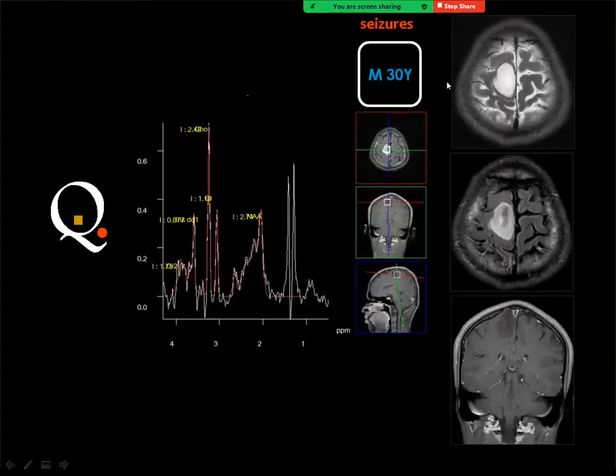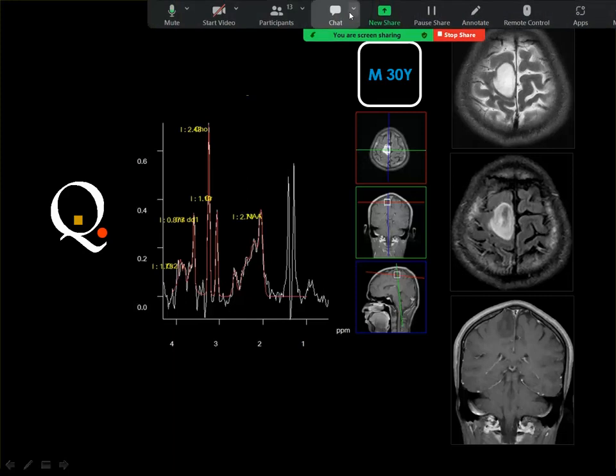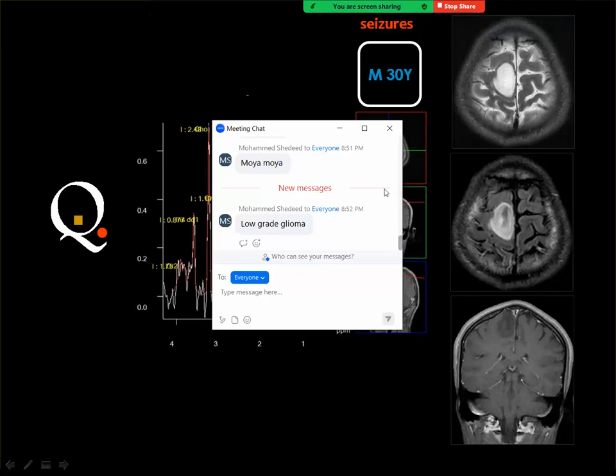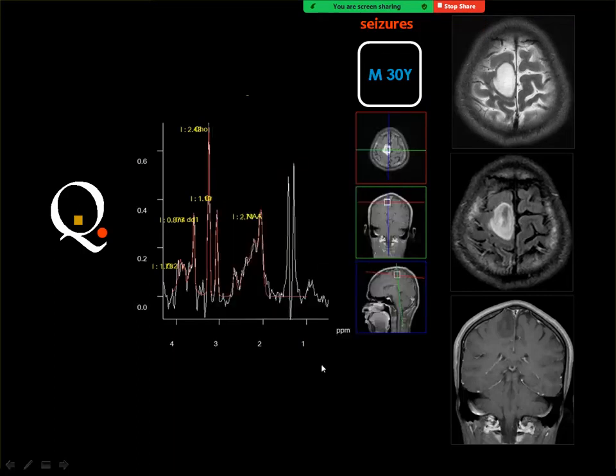Next case is a male patient, 30 years old, presented with seizures. And this is the MRI T2 FLAIR and T1 post contrast. And this is the MR spectroscopy. Actually, we cannot say that this is low grade, but this is a diffuse astrocytoma.